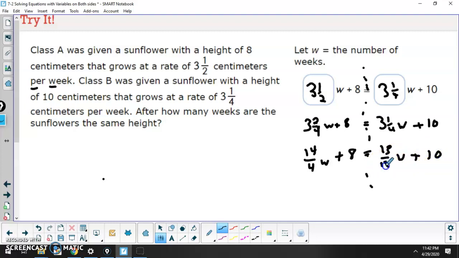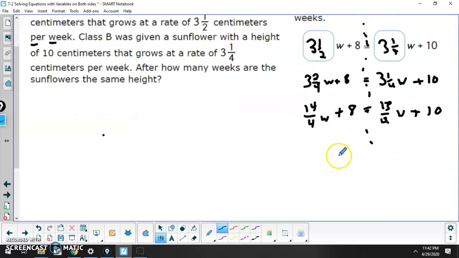Let me try to fix that a little bit. Okay, so that's a 13. Now if you want to solve this equation, you have to move all the variables to one side. They're connected by addition, so what we're going to do to both sides is undo our addition with subtraction. Subtract 13/4 W on each side.